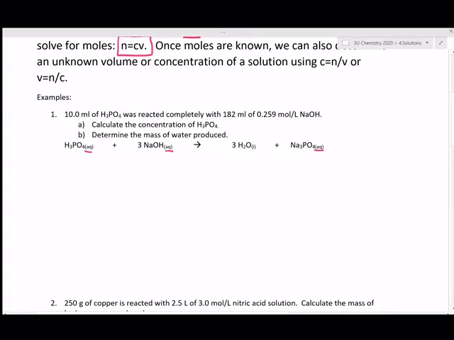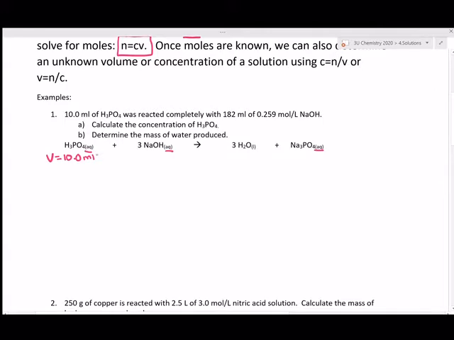So just like all stoichiometry, the first thing I want you to do is write down everything you're given and everything you need. So 10 mL of phosphoric acid is a volume. I'm putting it here. Okay, now something else that you should remember, or I'm going to review right now, is when we're using our concentration formula for molar concentration, it's always moles per liter, which means the volume has to be in liters.